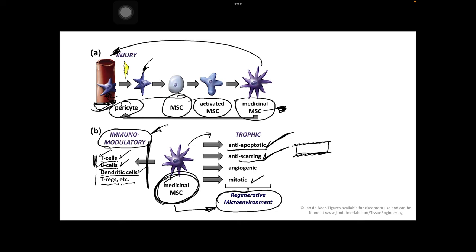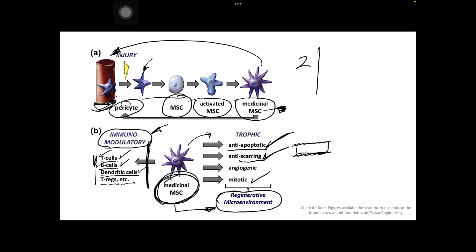Or we will need to create more cells, and in this case, activate the mitotic potential of the cells to increase the number and the size of the cells. So it's very important to understand the constitutive phenotype of the cell.